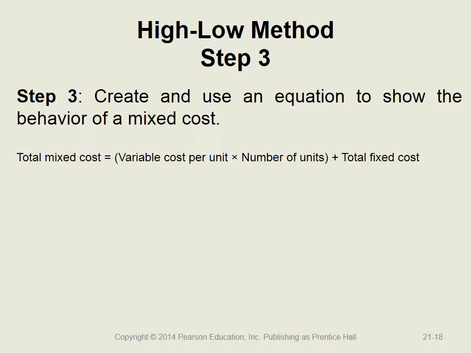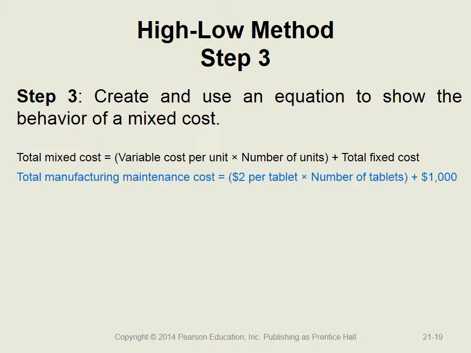Step 3 is to create and use an equation to show the behavior of a mixed cost. The total mixed cost is equal to the total variable cost, which is variable cost per unit multiplied by the number of units, plus the total fixed costs. In this case, the maintenance costs are equal to $2 per tablet multiplied by the number of tablets plus $1,000.